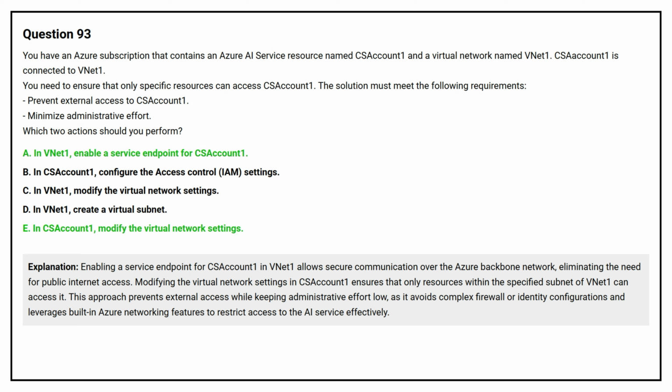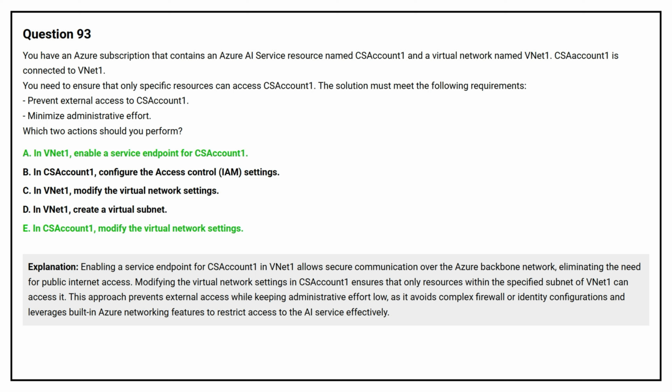Enabling a service endpoint for CS Account 1 in VNet1 allows secure communication over the Azure backbone network, eliminating the need for public internet access. Modifying the virtual network settings in CS Account 1 ensures that only resources within the specified subnet of VNet1 can access it.